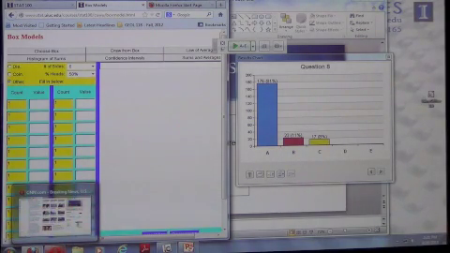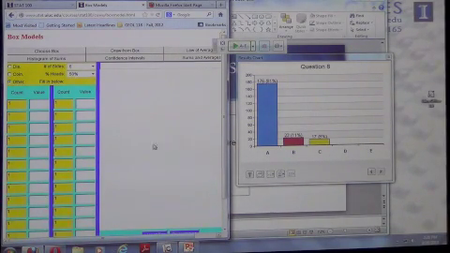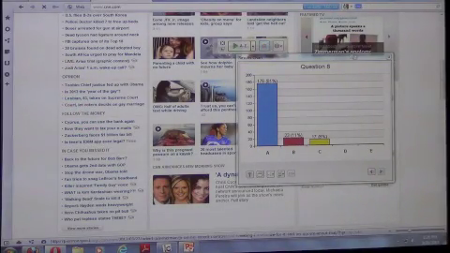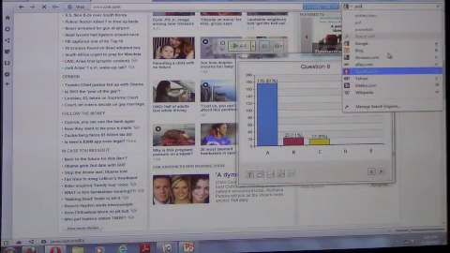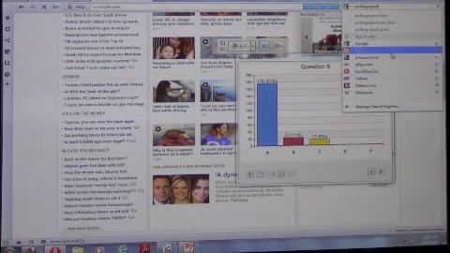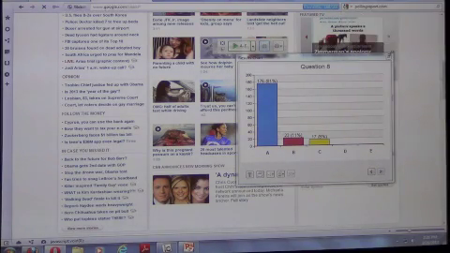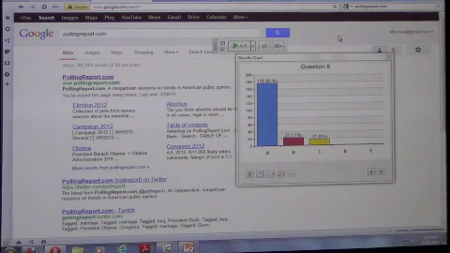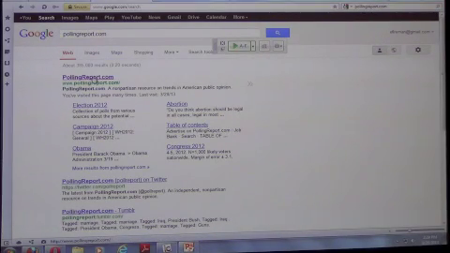Nope. All right, so we'll go to a real, let's see, pollingreport.com. Let's see what they have. Get rid of that thing. All right.